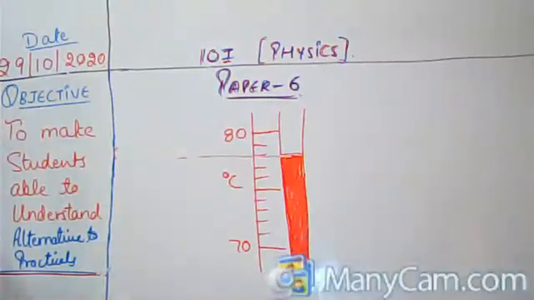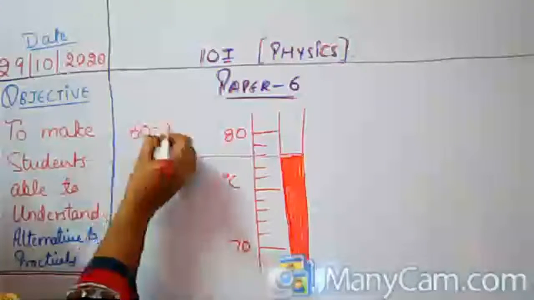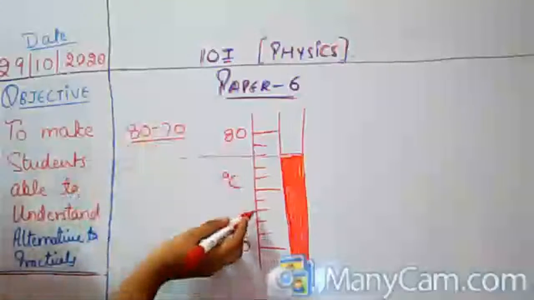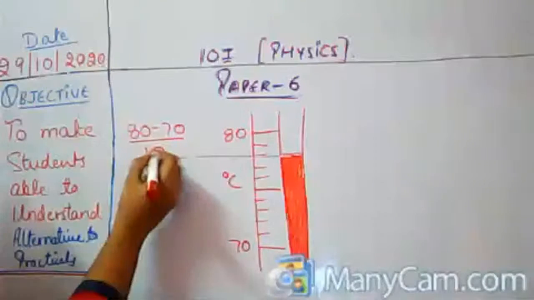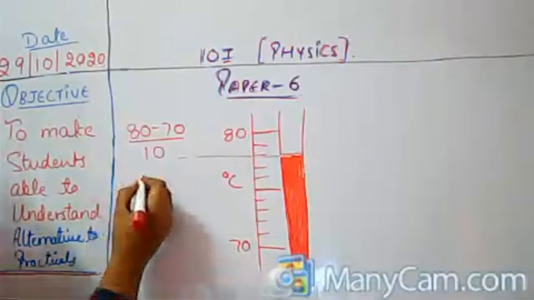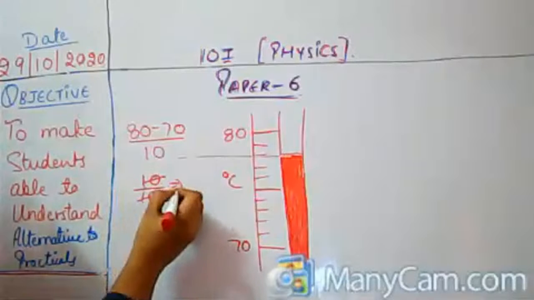Fine. So 80 minus 70, that is upper limit minus lower limit, divided by the gaps, 1, 2, 3, 4, 5 and 5, 10. Upper limit minus lower limit divided by the gaps, that is 10 over 10, that is 1 degree Celsius.